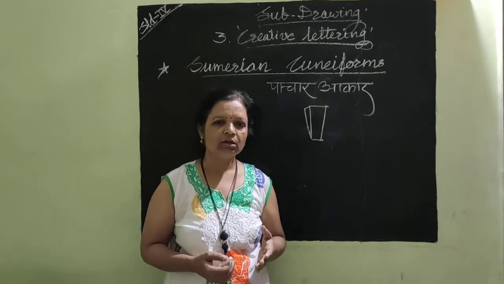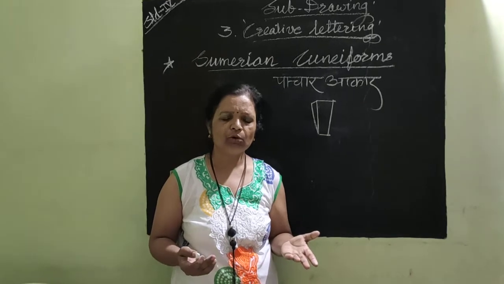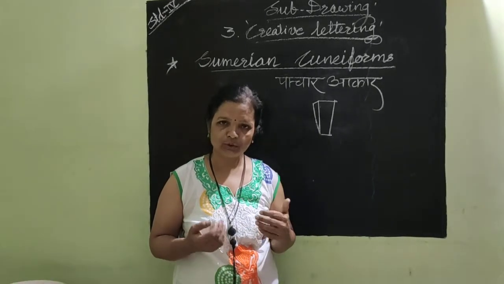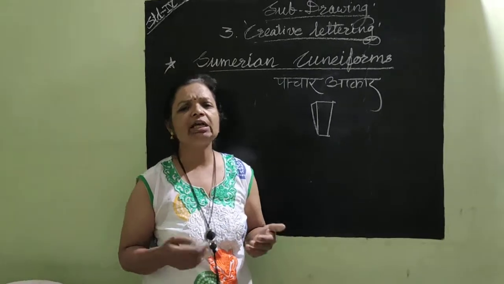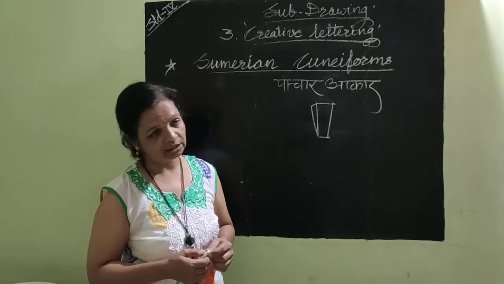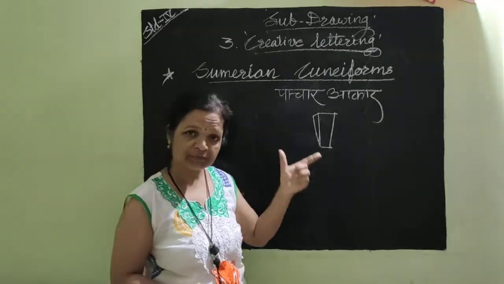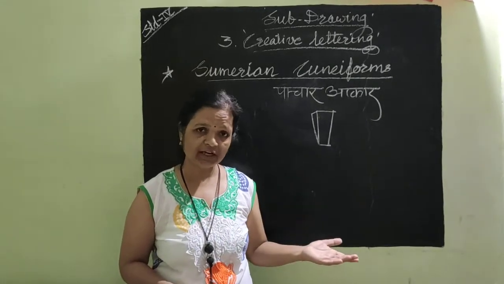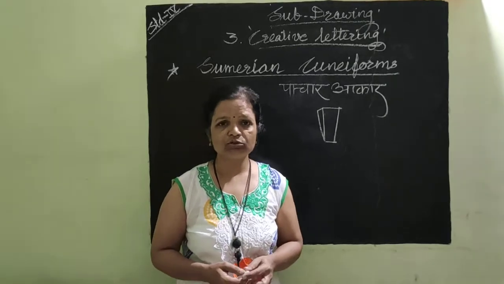We draw the names, name plates, and many more things. Name of any hotel, then our own name. Many things we do, many creations we do in lettering. But how this lettering develops day by day from the ancient period up to the time. So let's see. So come to the textbook.